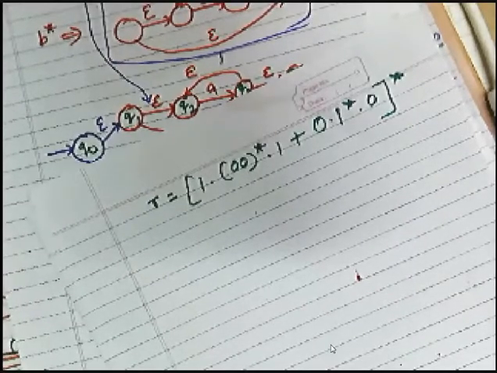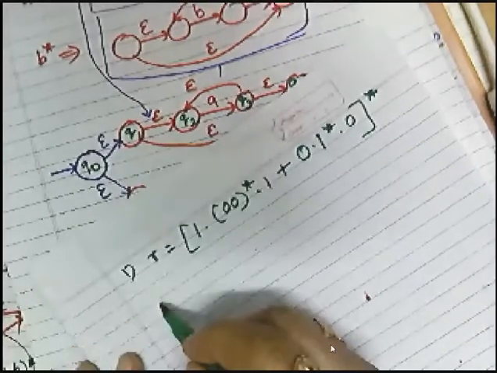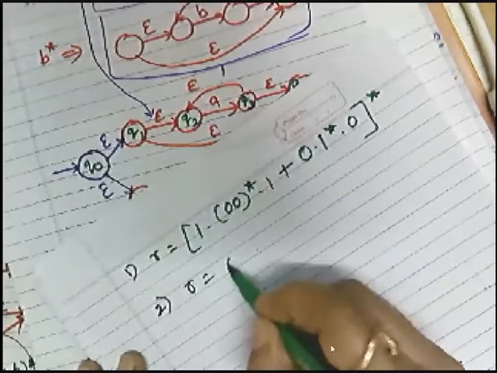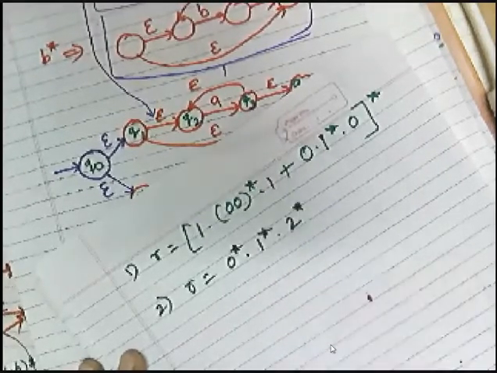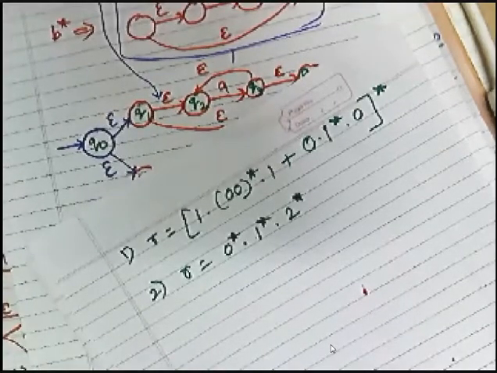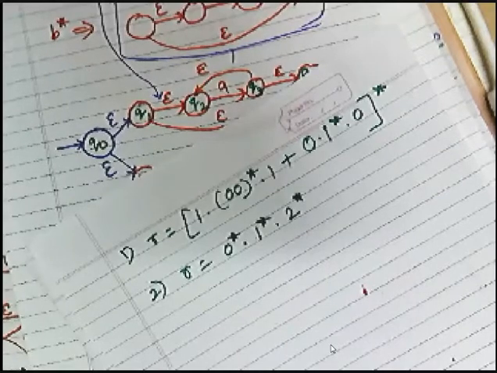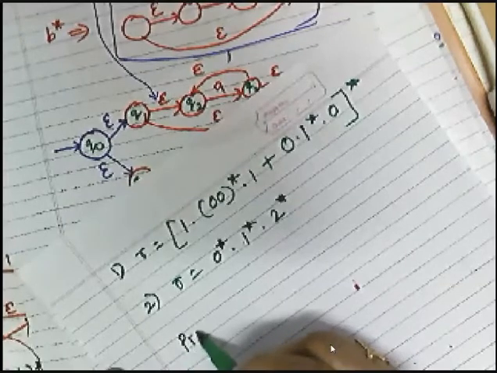Next, note down, this is one example which you have to solve. The second is R is equal to 0 star dot 1 star dot 2 star. This is a very common example which we have been using for many days. Let me write down the precedence of operators.